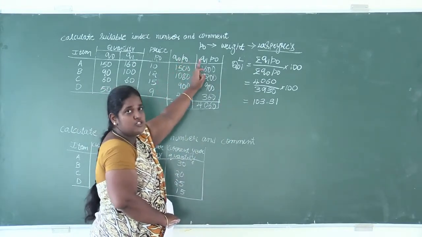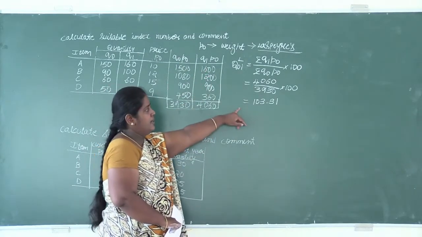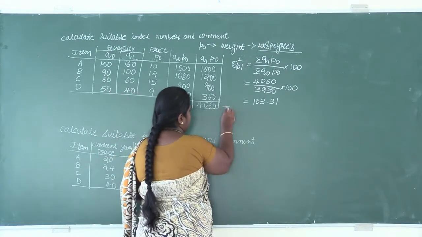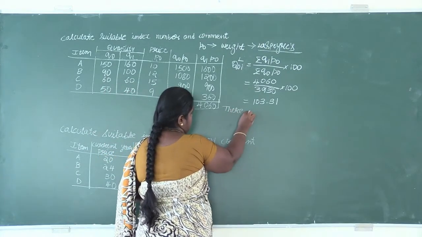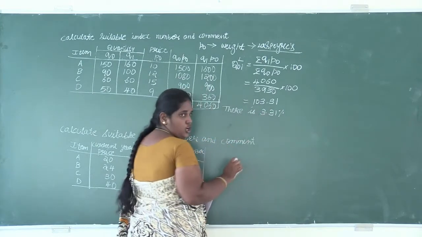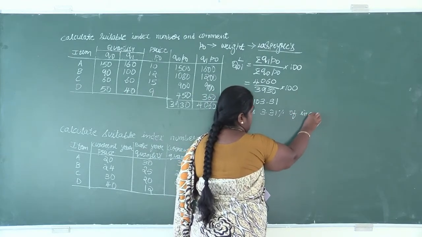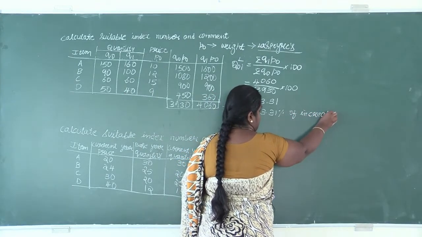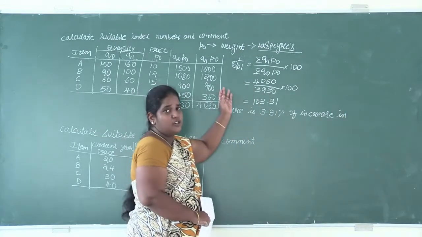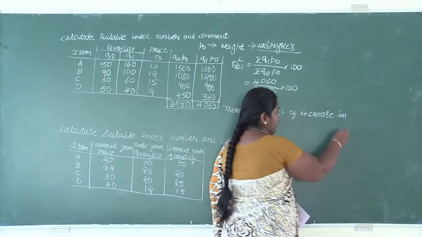There is one more part in that, comment. So to write the comment, subtract 100 from the answer, we'll get the value 3.31. So there is 3.31%, since it is more than 100, we'll be writing the conclusion as increase. Since we are doing the quantity index number, you have to write increase in quantity.